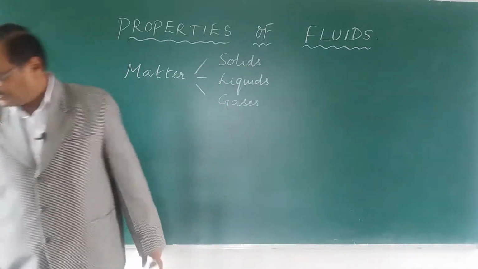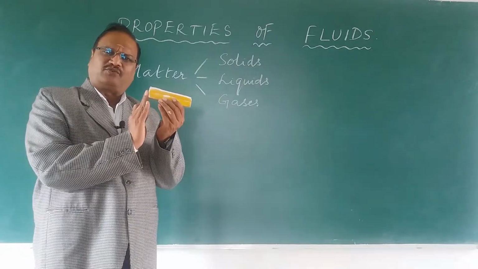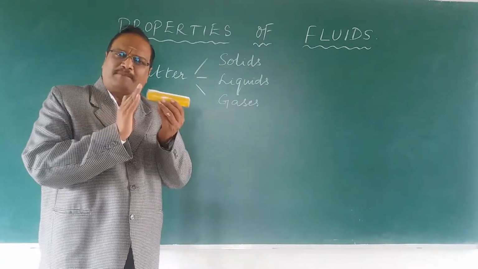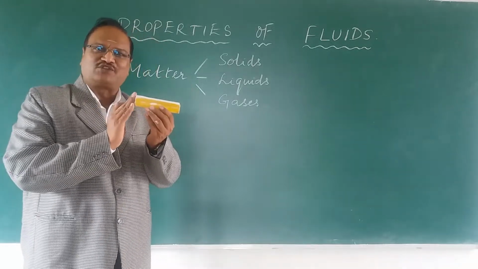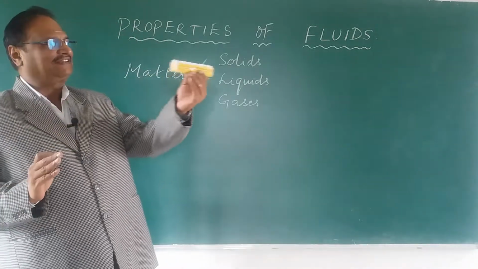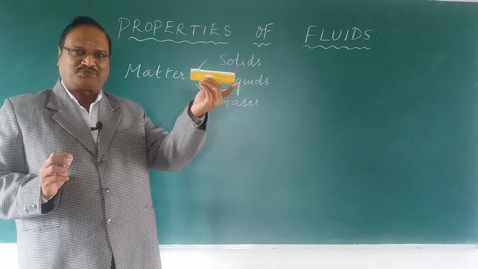When you take a solid, for example, this duster is made up of wood and wooden particles, wooden atoms, wooden molecules, and it has a definite shape and definite size.